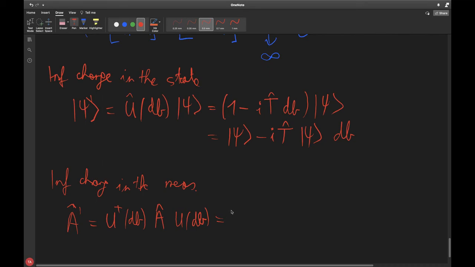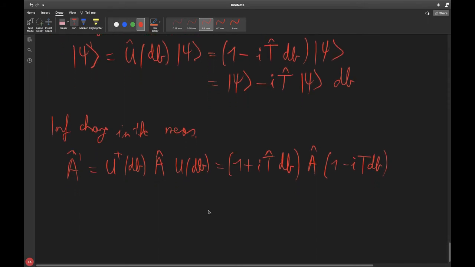So then the u dagger was described by 1 plus i t operator dB, and then we have the a operator, and we have the same thing with the minus sign, 1 minus i t dB.